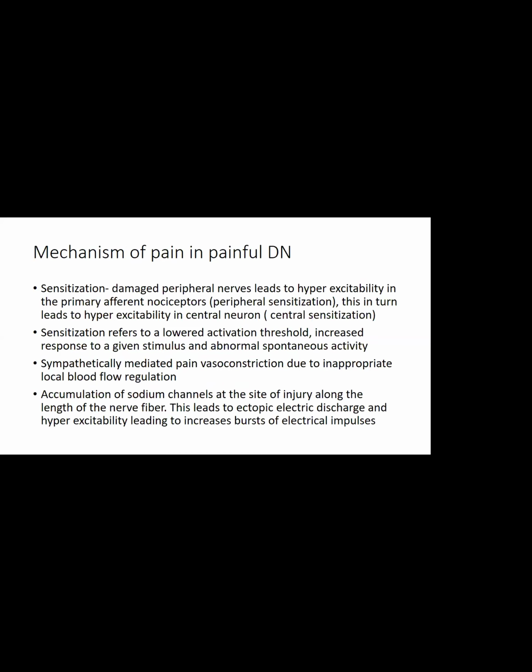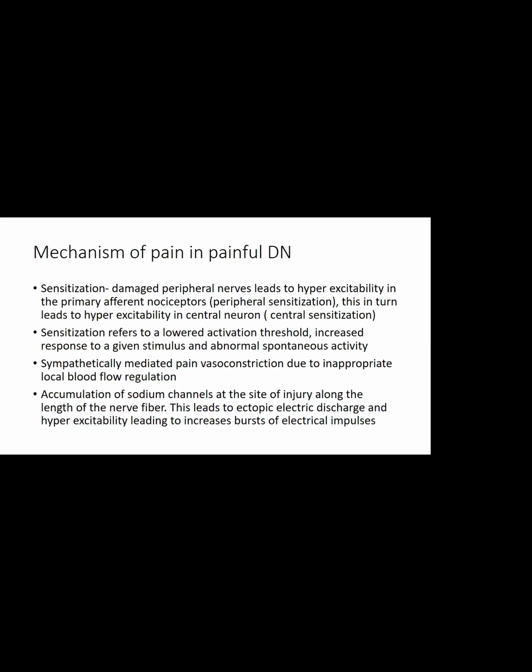What is the mechanism of pain in neuropathic pain? The mechanism of pain in painful diabetic neuropathy is mainly by sensitization. The damaged peripheral nerves lead to hyperexcitation of the primary afferent nociceptors. That's peripheral sensitization. This can also lead to excitability in central neurons, the central sensitization.